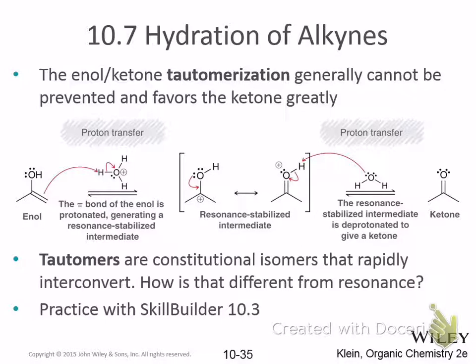Here's the other thing I wanted to point out on this mechanism. Under acidic conditions, you can't have any negative charges. There won't be any negative charges in your mechanism if you have acidic conditions. The whole thing, yeah.